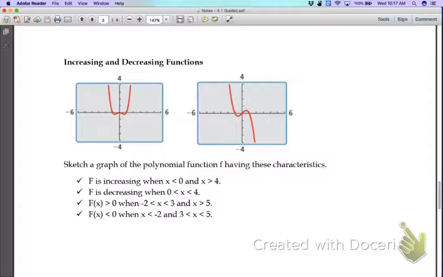That'll come later. But whenever we deal with increasing and decreasing, hopefully there's a little bit of common sense.